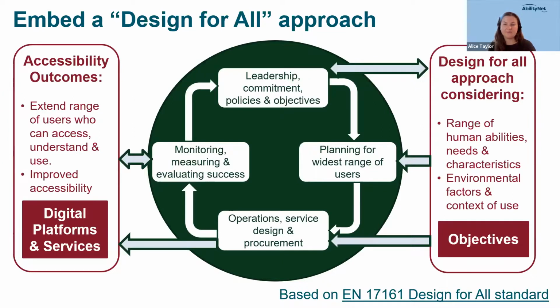Often a lot of effort can go into the planning stage, but the monitoring step can be really important to help monitor the success and then help feed that back into your policies and objectives. And procurement's also a really important area, because it's really important to procure accessible systems, and leadership commitment is really critical as well to ensure that this whole cycle can work.